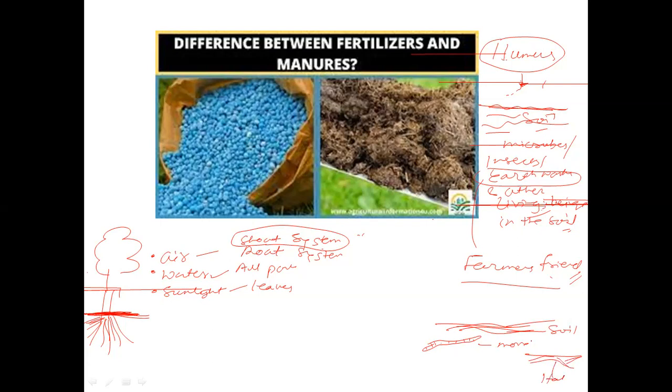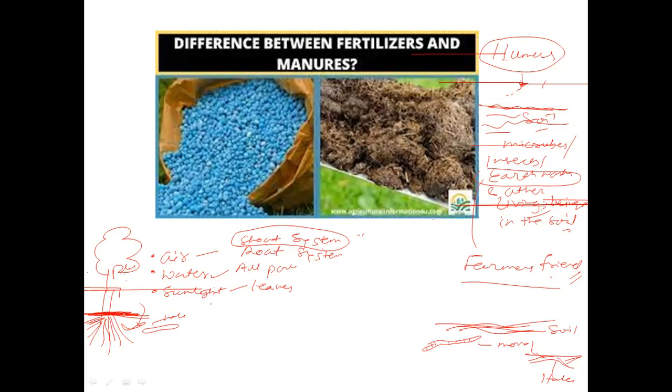So air will pass inside these holes, and the roots will get it. If an earthworm is moving near this plant, what will it do? It will create holes, and air will move inside this hole, and this air will be taken up by the root. You can understand it like this. So that's how they are called farmer's friend. Any confusion? No, sir. Okay.